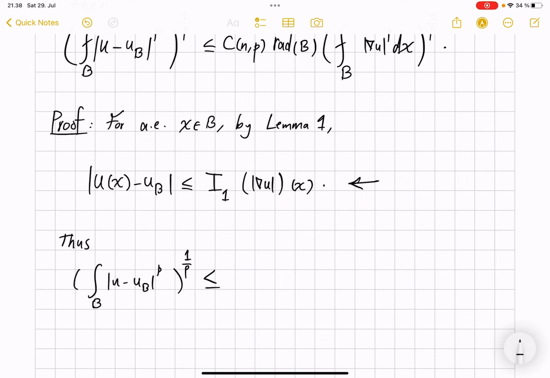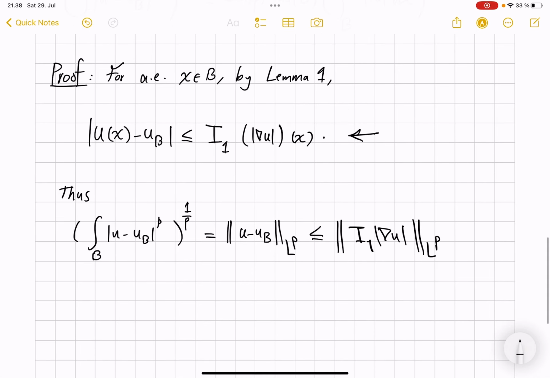So this is none other than the L^p norm of u minus u_B. But then, because this pointwise inequality is true almost everywhere, this is less than or equal to the L^p norm of the Riesz potential of the gradient of u.